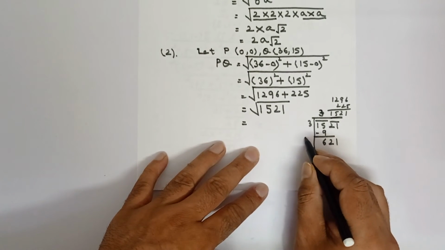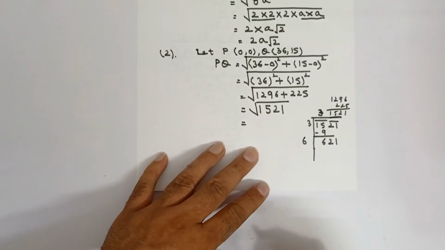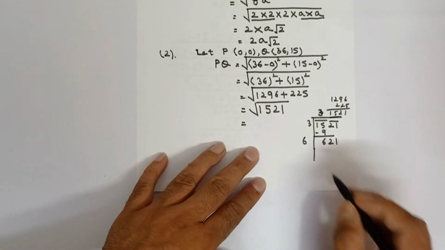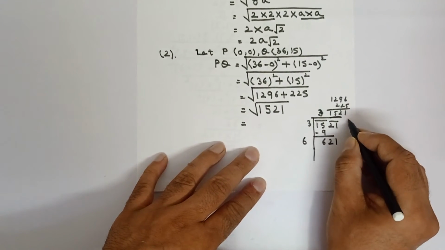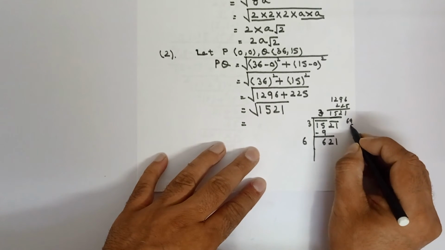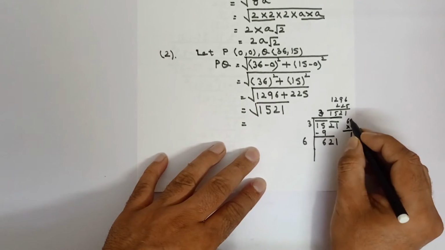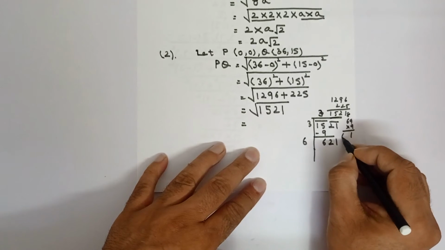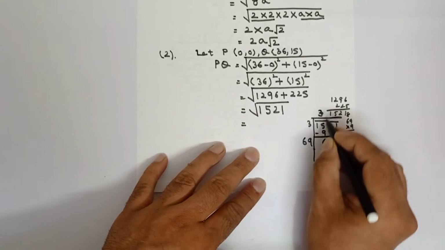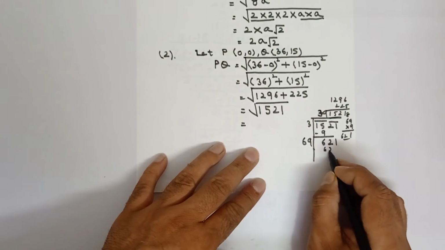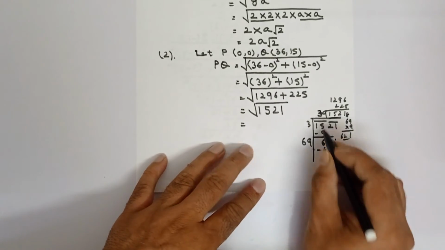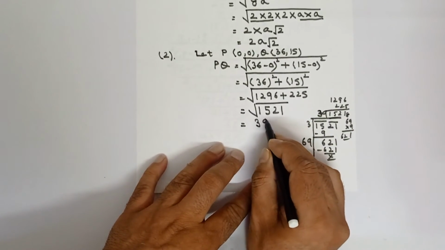Right? 6. Now 6 is a table up to 62. 6 10s will not work. 6 9s are 54. So 69 into 9 is 621. 9 here and 9 here. This is 621. So this is 39.